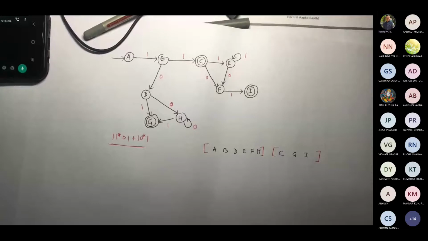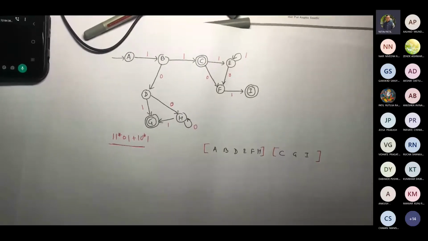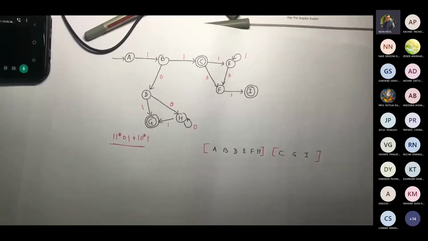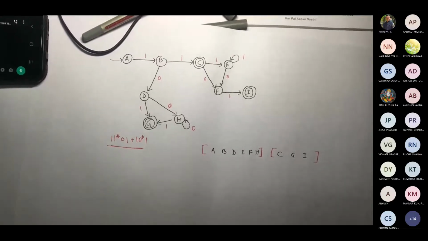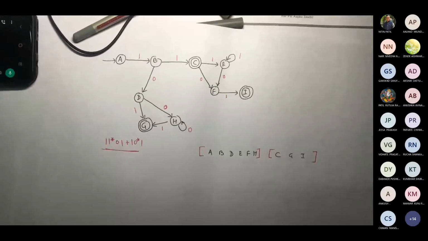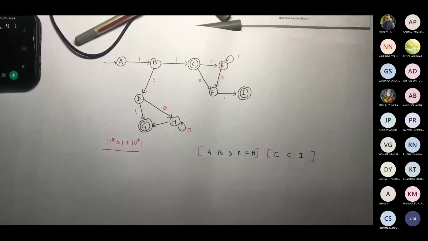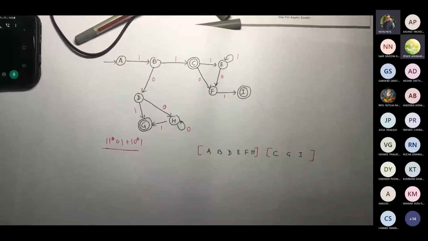And only C is taking you outside to G, I. Otherwise, from G and from I, there is no outgoing transition. Am I right? Yes, sir.